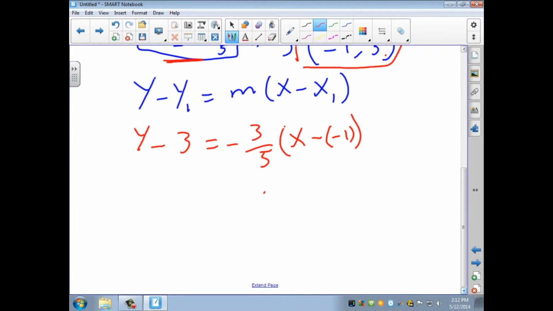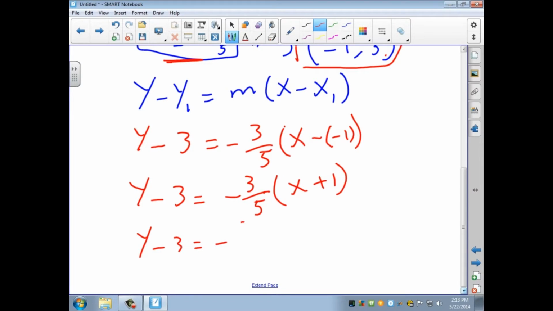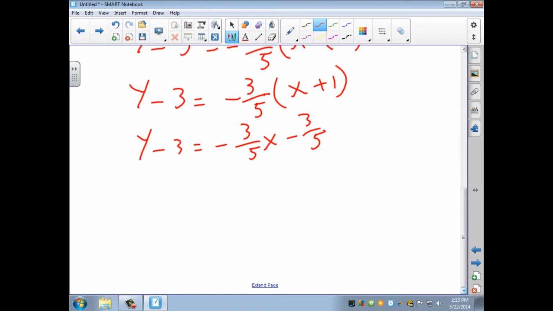So y minus 3 equal minus 3/5 times x minus minus 1 is plus 1. So y minus 3 equal minus 3/5 x minus 3/5 times 1 is 3/5. Therefore, y is equal to minus 3/5 x minus 3/5.